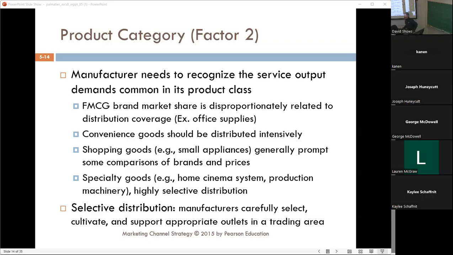And by what I mean by that is they require a more extensive thought process to decide whether or not you're going to buy those items. Shopping goods encourage more than one brand. There's the expectation of both intra and inter-brand competition in a shopping item. And so what it means is in a shopping good, we are going to do selective distribution.